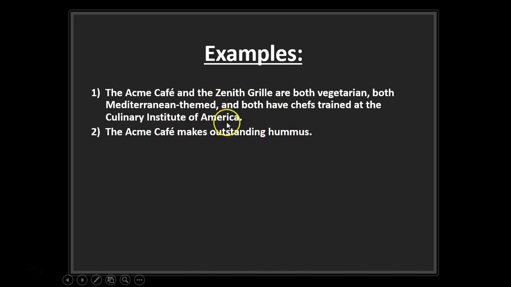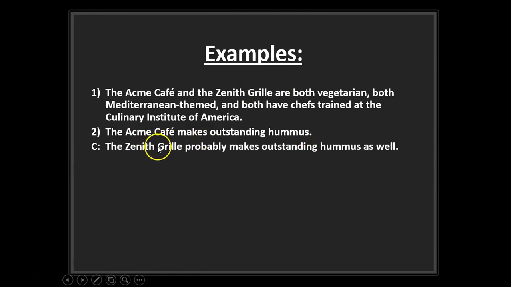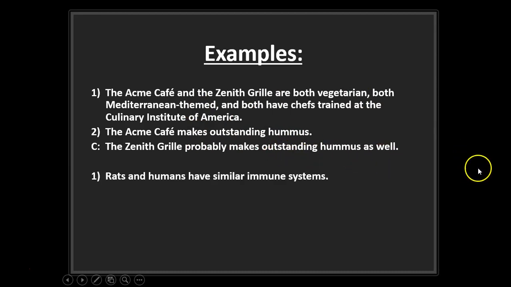So because of everything that the Acme Cafe has in common with the Zenith, I conclude that the Zenith Grill probably makes outstanding hummus as well. You're comparing two or more things in order to generate the conclusion. Now, notice, both of these could be entirely true, but that doesn't mean necessarily that the Zenith Grill is going to make good hummus. But considering what they have in common, they probably do. All right? That's an argument by analogy.